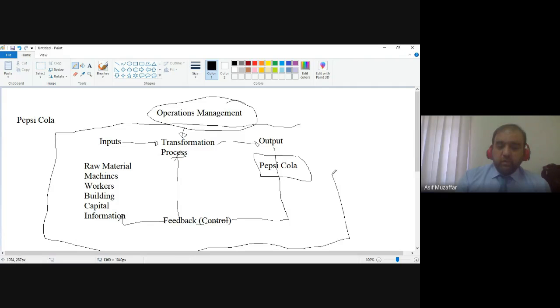This is the whole operations management. You transform, this is the definition actually, and the operations management model. You transform the input into output through some transformation process. And there is a control feedback loop as well. Okay?